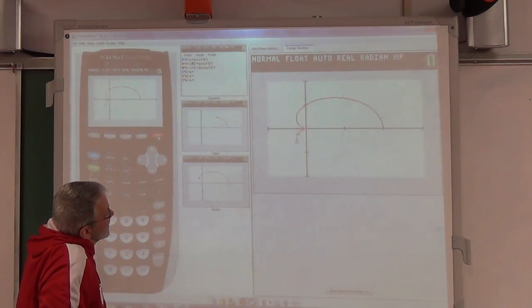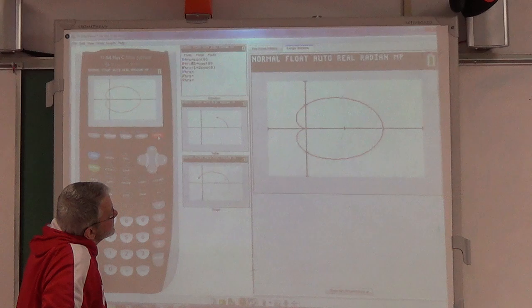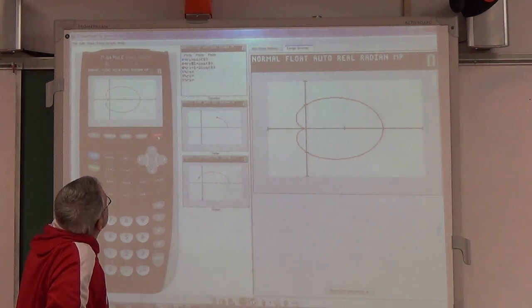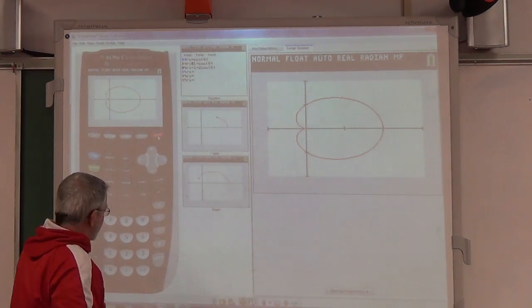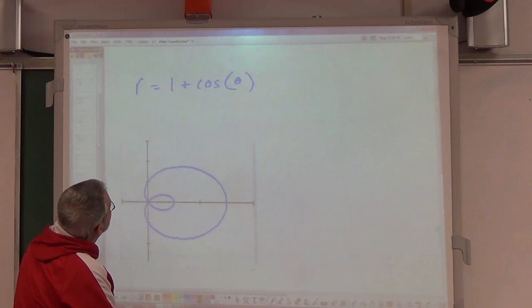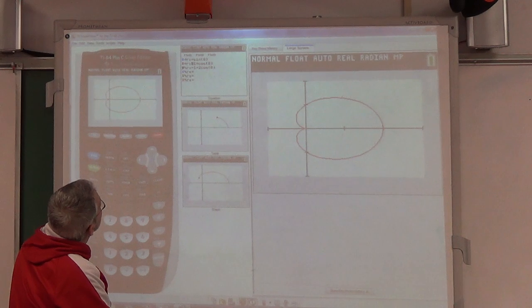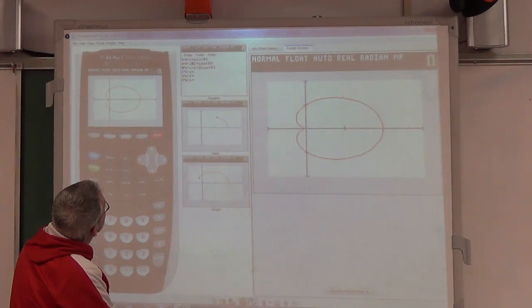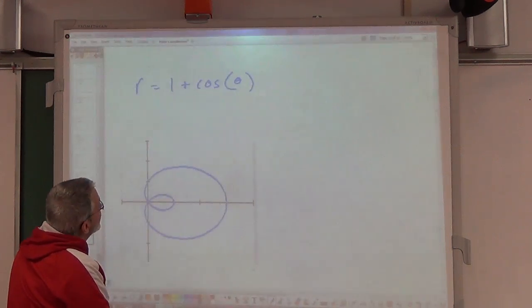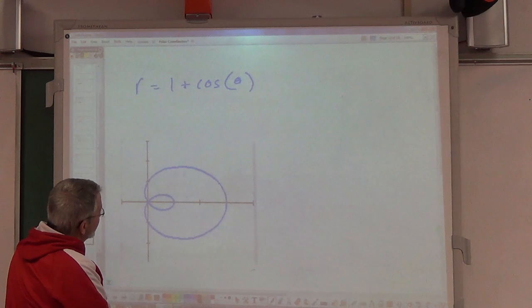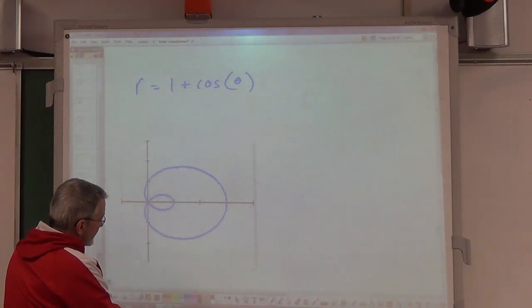I don't think that's the one. Let me see here. This graph here is not the graph of 1 plus cosine theta. Clearly not.